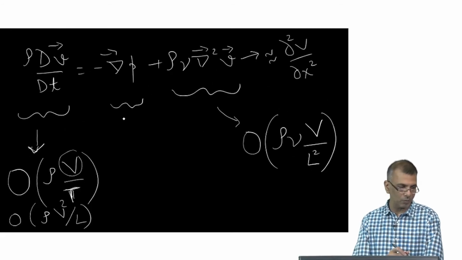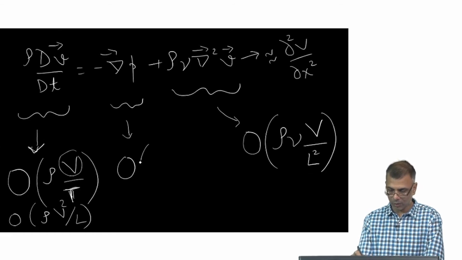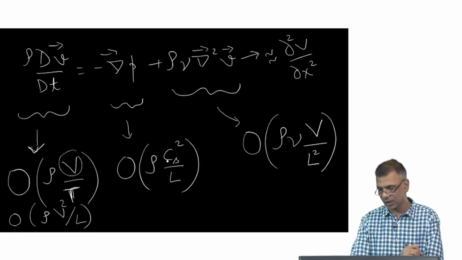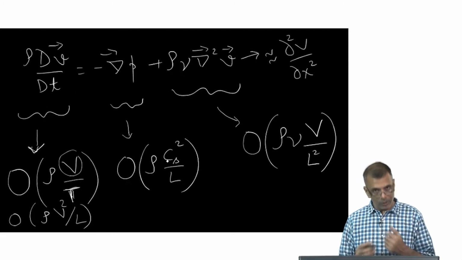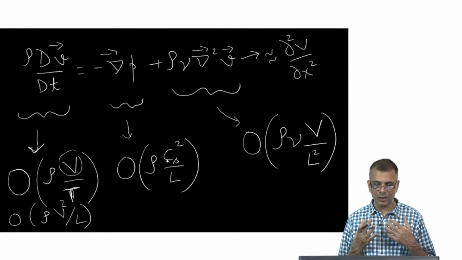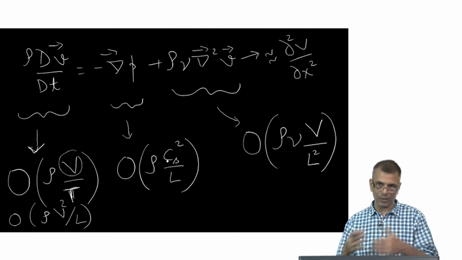What is this roughly of the order of? I claim that this is of the order of rho times cs squared. I'm introducing a new term called cs squared, which is the speed of sound. We will discuss the speed of sound; it is central in fluid dynamics, and we will discuss it in some detail a little later.